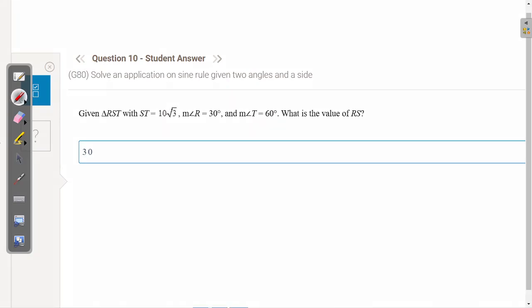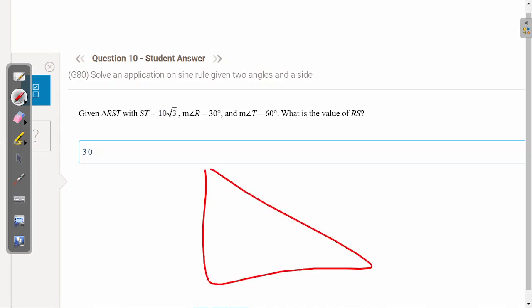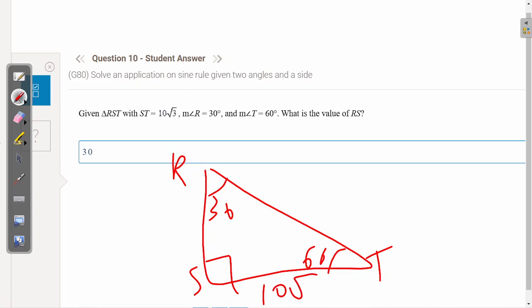Okay, RST. R is 30, T is 60. You can also find that S is 90, so let's just put it there. ST is 10 radical 3. Okay, well, they want RS.